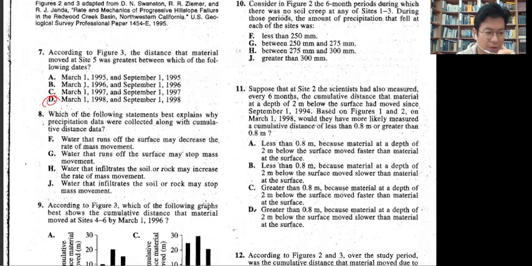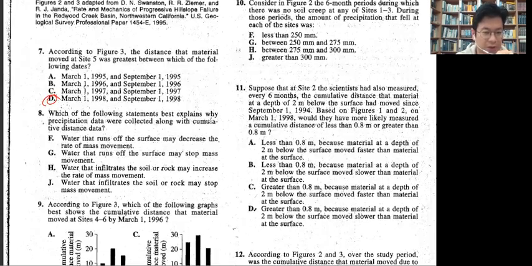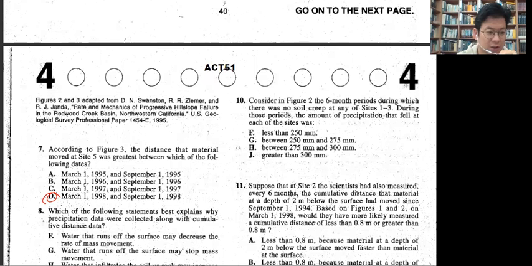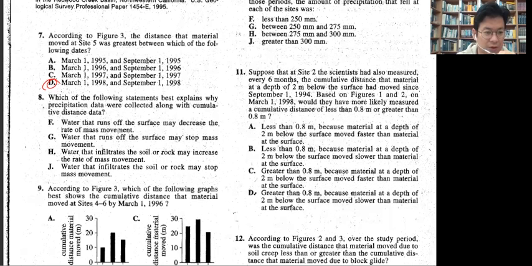So because the water itself is pushing things down, you have more chance of cumulative distance; you can see that because of water, it actually travels more. So let's see which one. Water runs off the surface, decrease, not stop, no, increase is right.